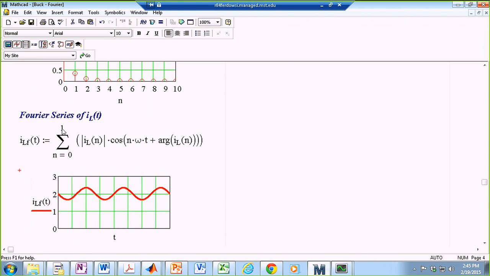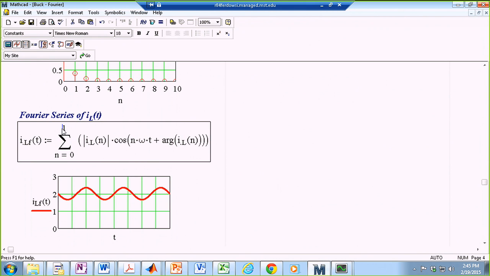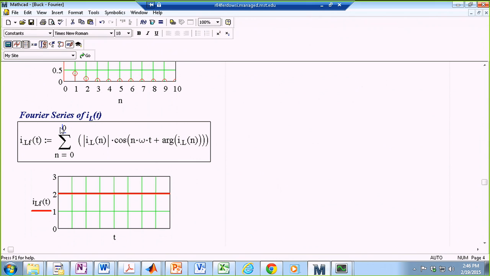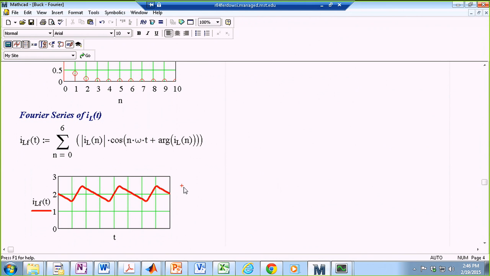Gives you a little bit of a distorted AC signal. What about none of them, or just the DC component? It only gives you the DC component of the inductor current. So I would say even number 6 would be good. Yes, it's a relatively good prediction of what is happening to my inductor current.